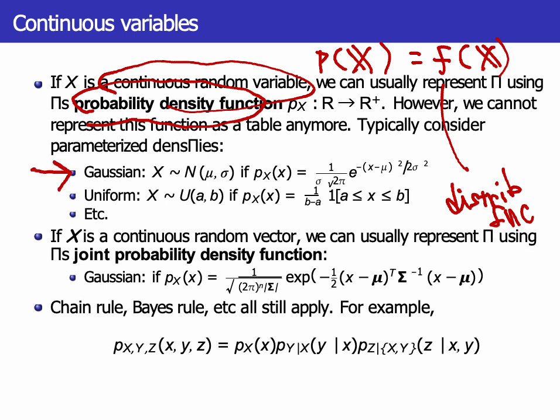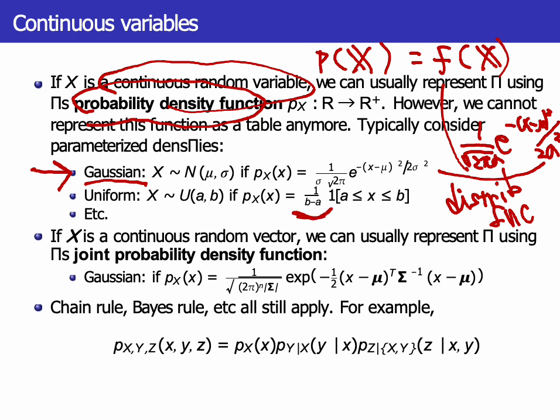We can use a Gaussian, which is one over the square root of 2 pi sigma squared, times exponential of minus (x minus mean) squared divided by 2 sigma squared. This is a normal distribution, a Gaussian distribution, and this is a uniform distribution.